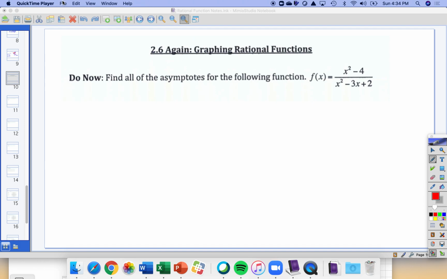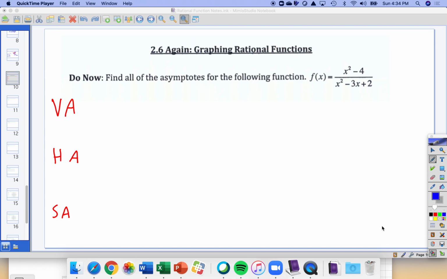And our do now here, we're going to find all of the asymptotes of this function. Now, we have the possibility of a vertical asymptote, the possibility of a horizontal asymptote, and the possibility of a slant asymptote.